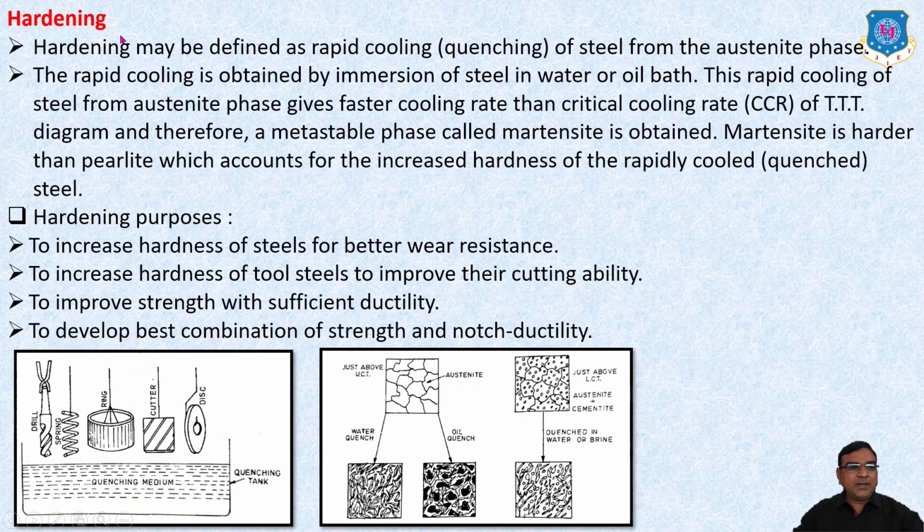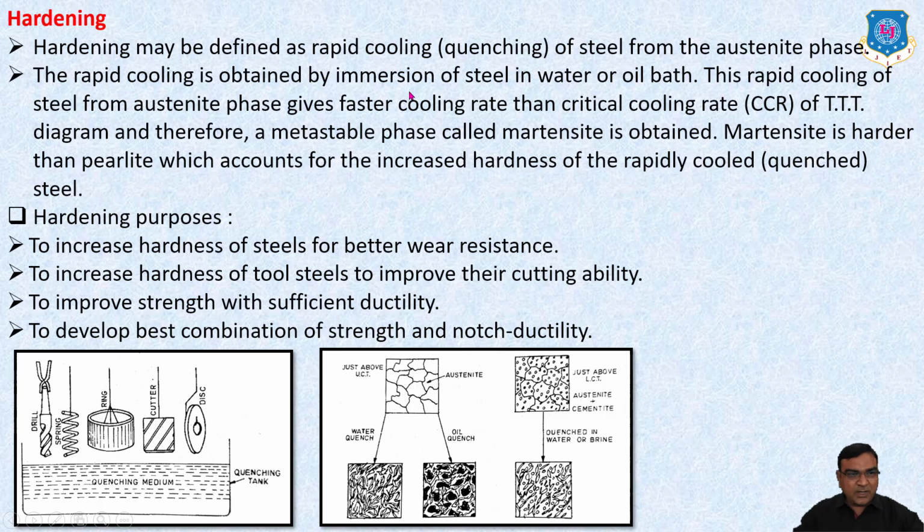Next heat treatment process is hardening. Hardening may be defined as rapid cooling, quenching, of steel from the austenite phase. The rapid cooling is obtained by immersion of steel in a water or oil bath.